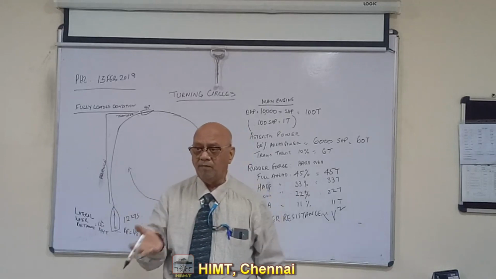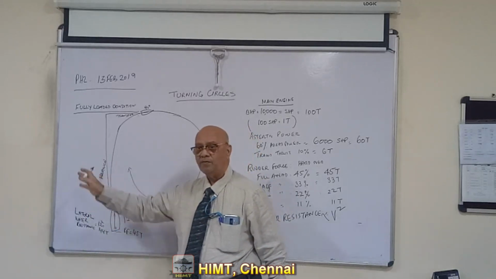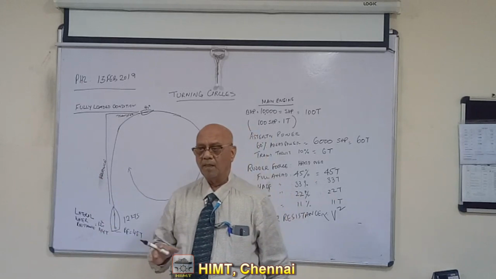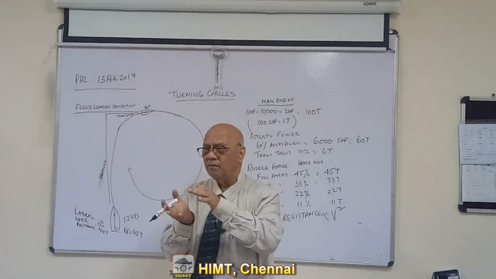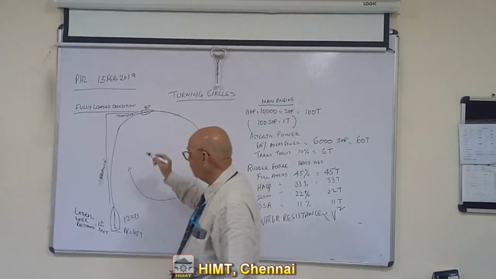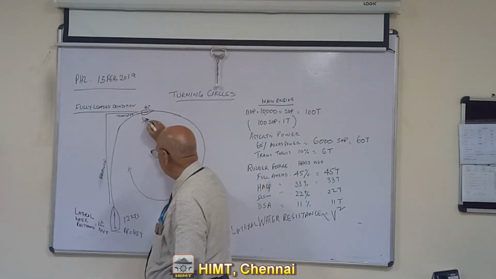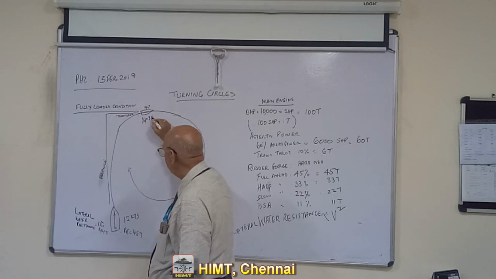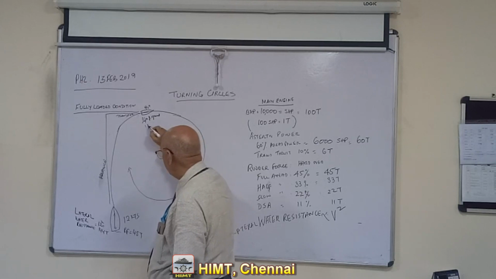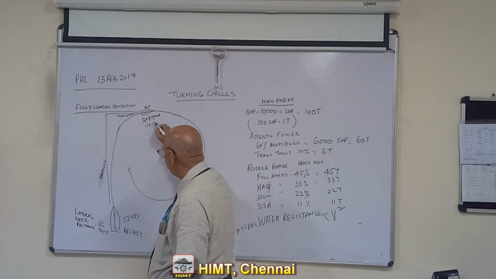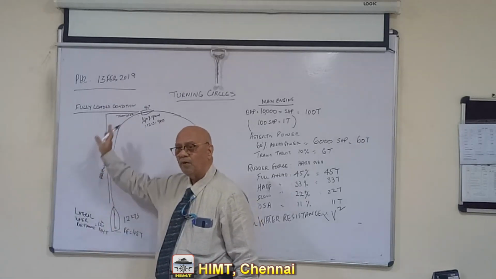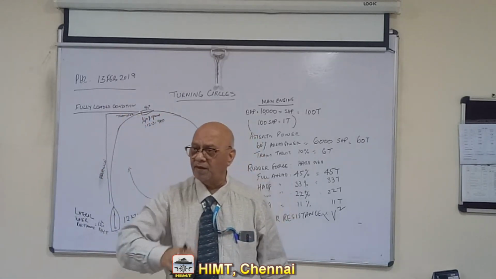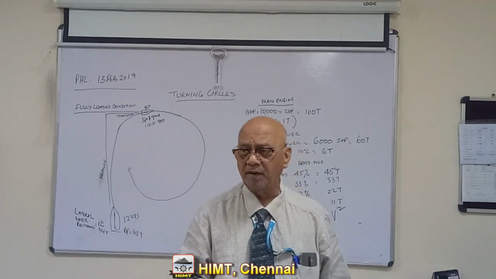In trying to overcome this lateral force, there is a fall in speed by about 1/4 of the speed, which is equal to 12 minus 3. The ship would have lost about 3 knots of speed by the time it has turned 180 degrees.